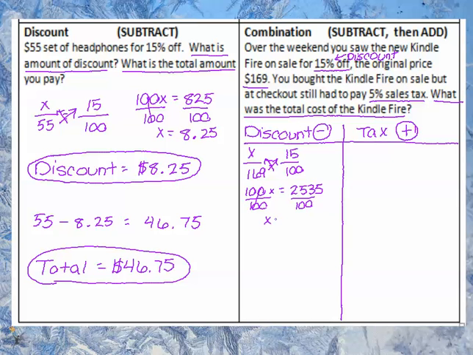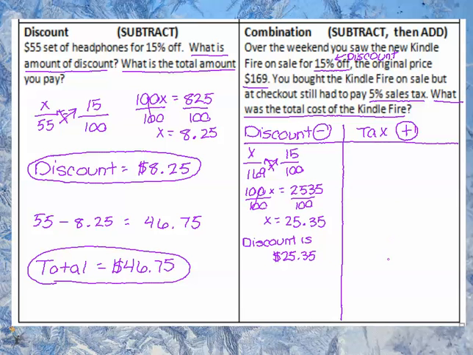And I'm left with x equals 25.35. Now think to yourself, what does that represent? Well, that actually represents the discount. So the discount is $25.35.